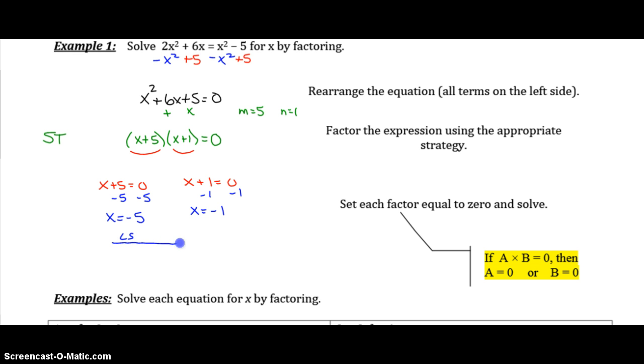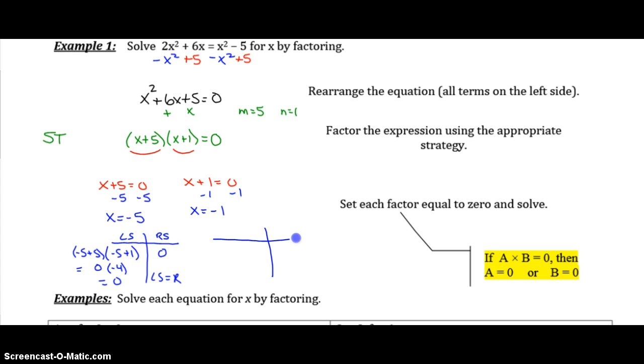You could always check your answers using a left side, right side check. So for x equals negative 5, you have negative 5 plus 5 times negative 5 plus 1. That's 0 times negative 4, which is 0, and the right side is equal to 0. So the negative 5 works.